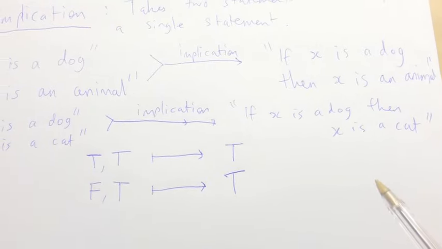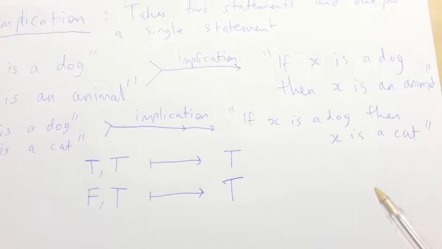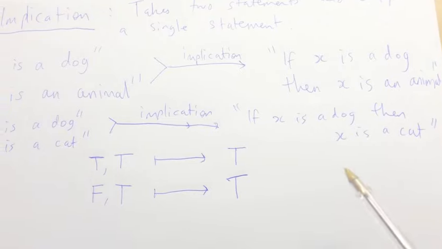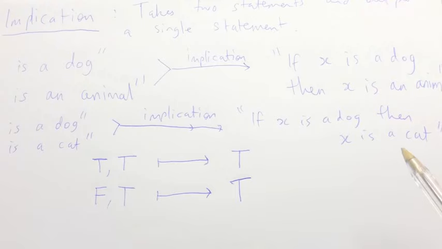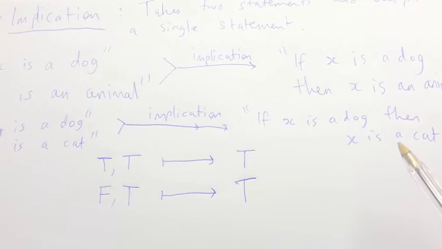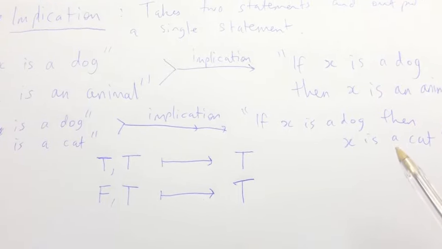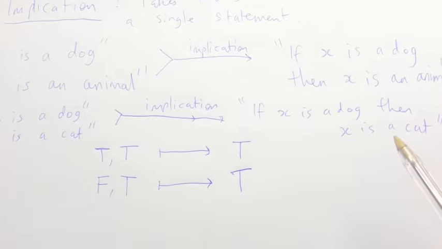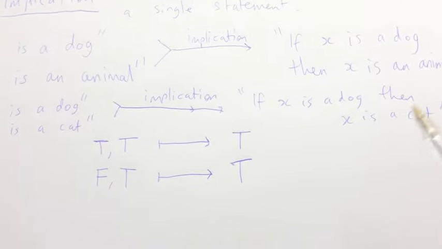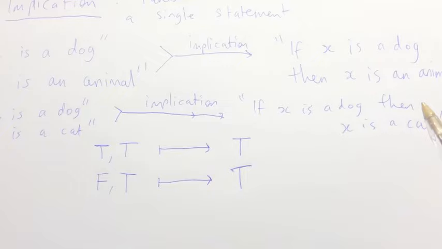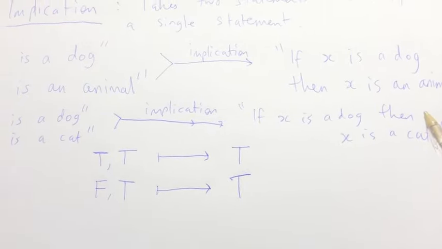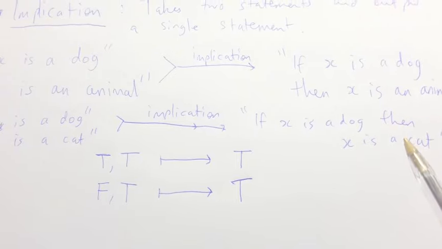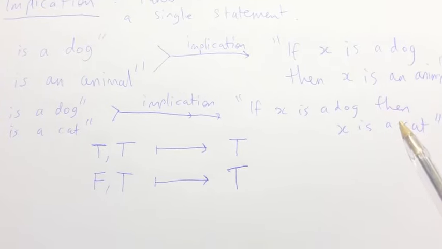And it's true for the same reason: because it's a horse and it's not a dog, it was under no pressure or obligation by the statement to be a cat. Even though the statement itself is absurd, a horse will not be a value of X that exemplifies its absurdness.